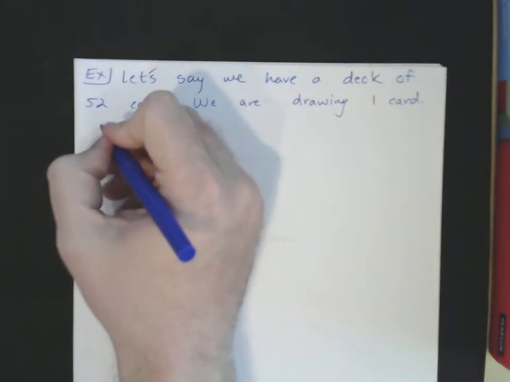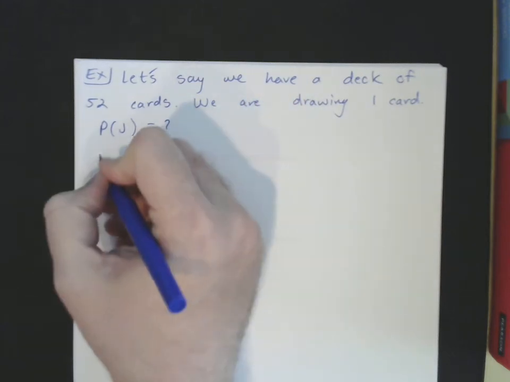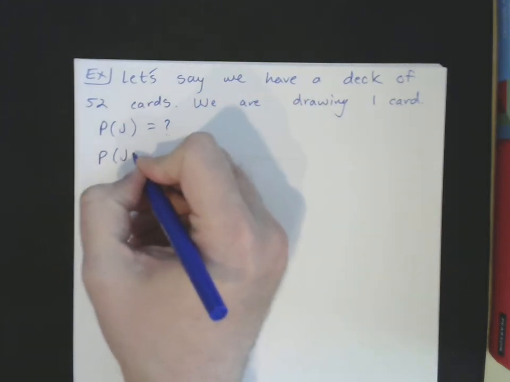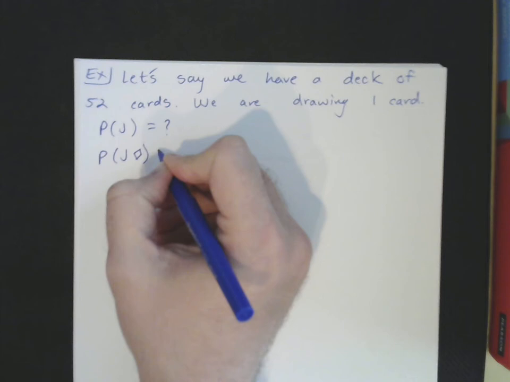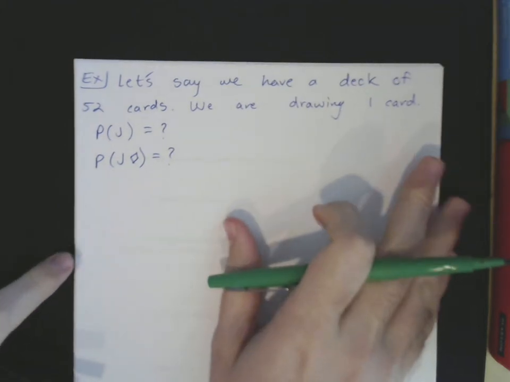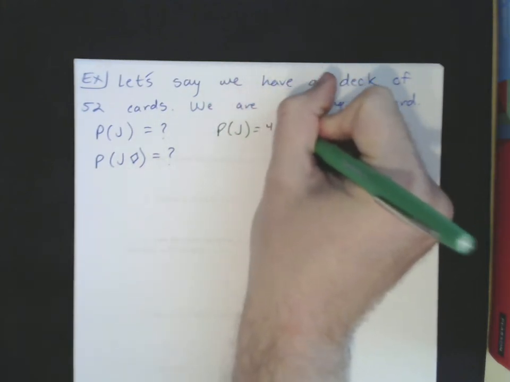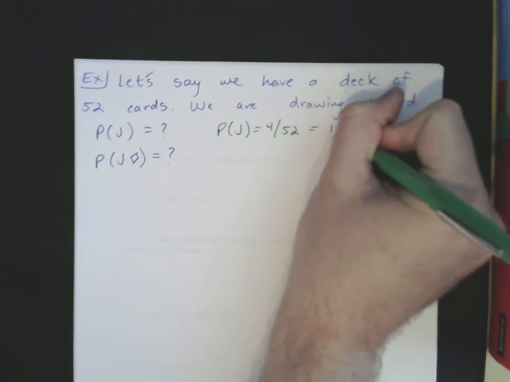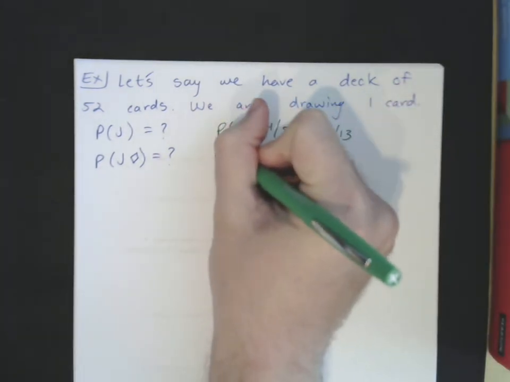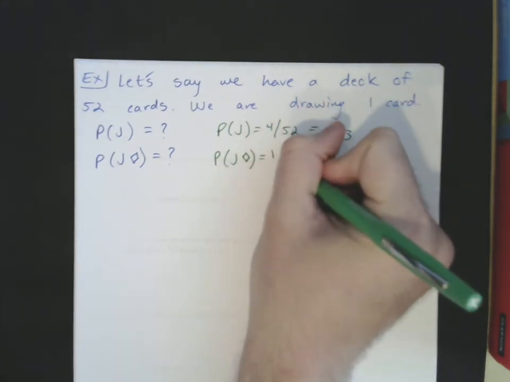And we want to know what's the probability of drawing a jack, and what's the probability of drawing a jack of diamonds. So we look at how many jacks there are in a standard deck. There's 4. So the probability of drawing a jack is 4 out of 52, or 1 in 13 chance. And the probability of drawing the jack of diamonds specifically, there's only 1 of those out of the 52.